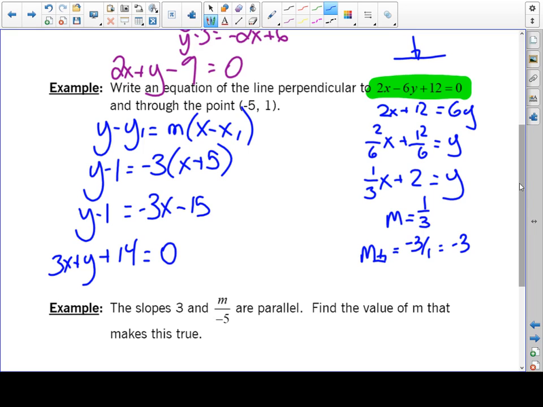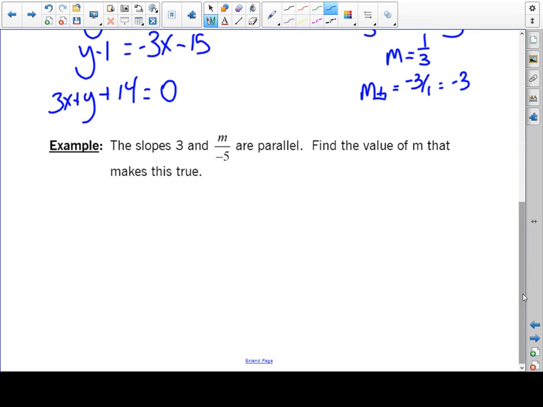Another example. Slopes 3 and m over negative 5 are parallel. Find the value of m that makes this true. So again, parallel lines are what? What can you tell me about their slopes? They're the same. In math, if something's the same, we say that it's equal.